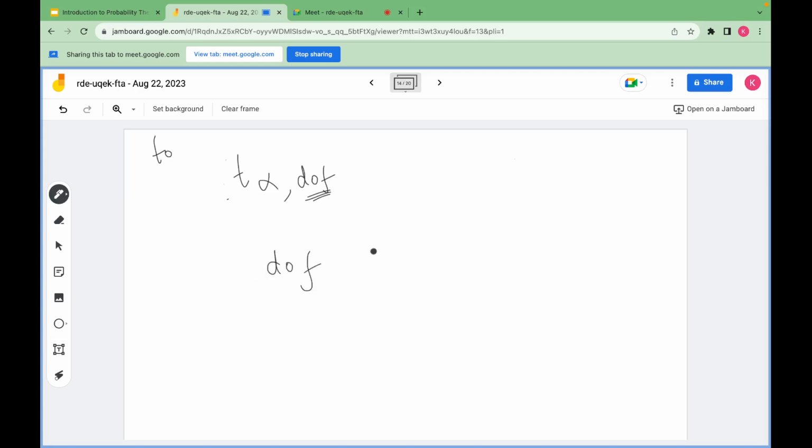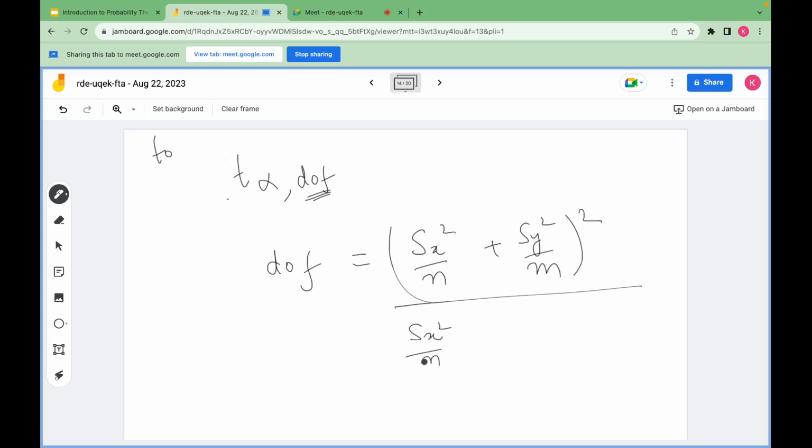The DOF is (sx square by n plus sy square by m) whole square divided by [(sx square by n) whole square divided by (n minus 1) plus (sy square by m) whole square divided by (m minus 1)].